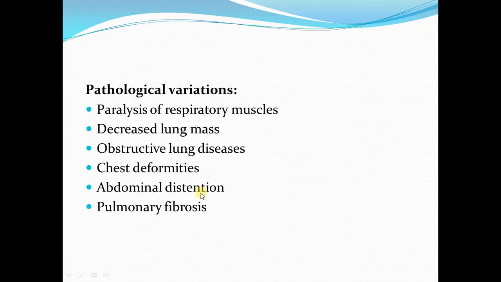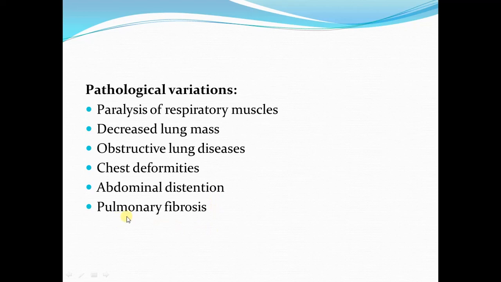Abdominal distension causes a decrease in the vital capacity because it interferes with normal lung expansion, or we can say it interferes with the descent of the diaphragm during inspiration, so it decreases the vital capacity.